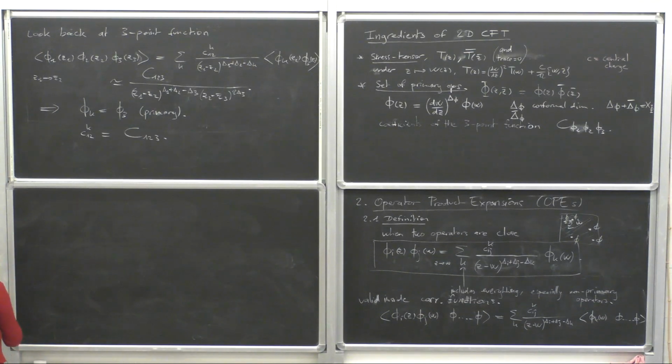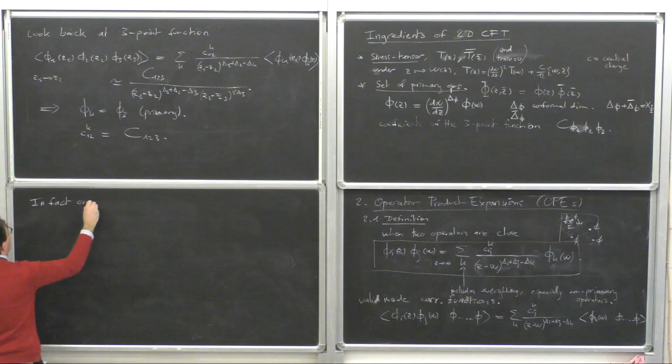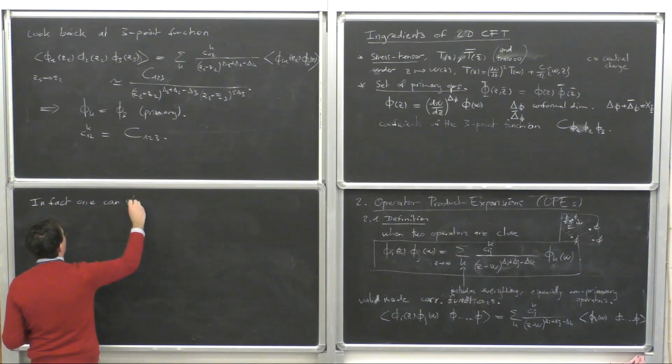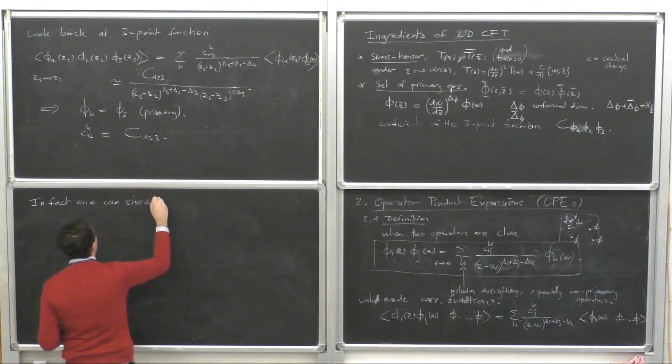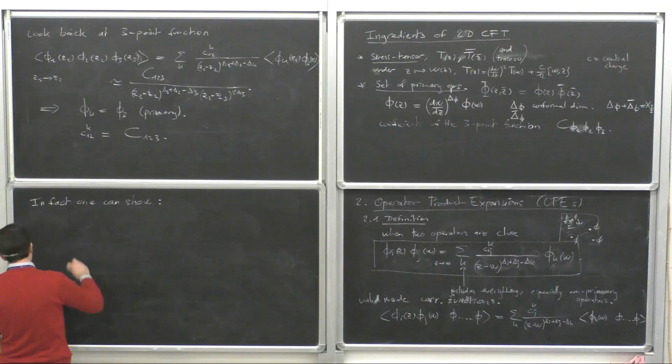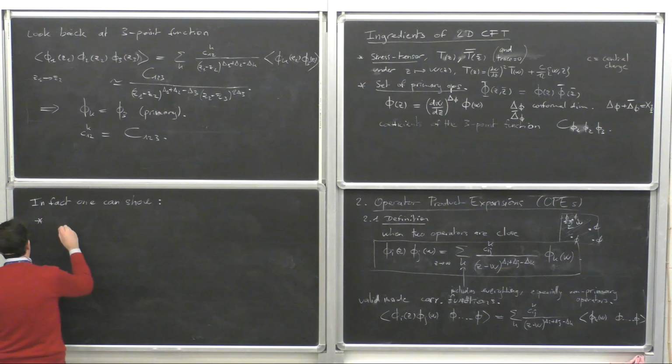But let me just tell you what the important facts are. In fact, one can show the following things, but this would require a little more machinery that we haven't seen yet.